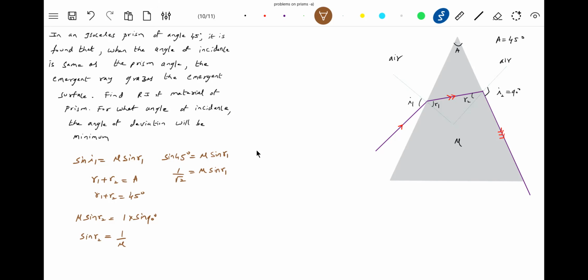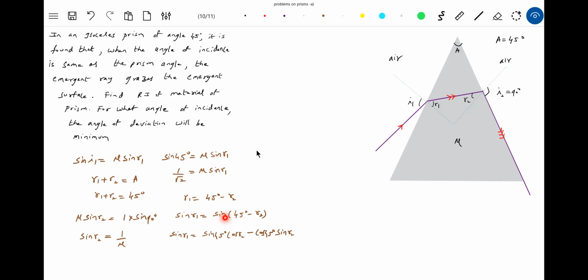Where sine R2 is there, I can write 1 by mu. So we need the value of sine R1. I'll rewrite R1 equal to 45 degrees minus R2. So sine R1 is equal to sine of (45 minus R2), which is sine 45 cos R2 minus cos 45 sine R2.